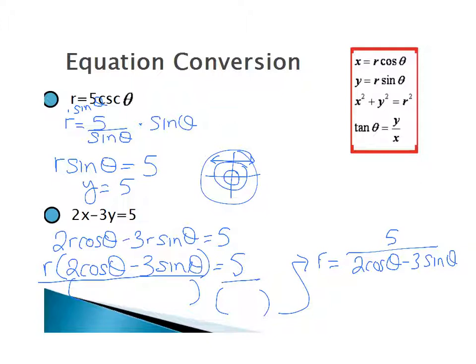Not pretty, but very doable. If I were to type this in my calculator, and again, we'll do it tomorrow, we'll look at what that looks like on a polar graph. But it's going to look just like this. And when I look at this, I know that this is a linear equation. So somehow, when I type that in, it's going to look like a line.